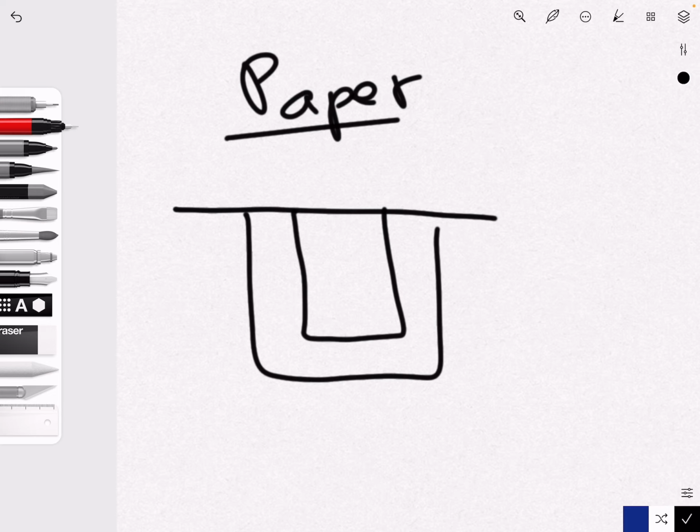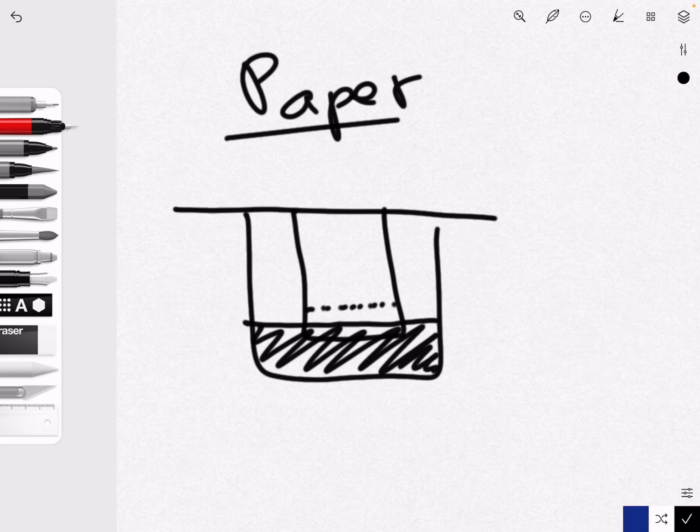This paper will have a dotted start line in pencil, not in ink, or else this will move up the paper along with whichever mixture or dye sample you wish to put on it, tampering with your results. And you will have your solvent up here just touching the paper but below your start line. Always below your start line.